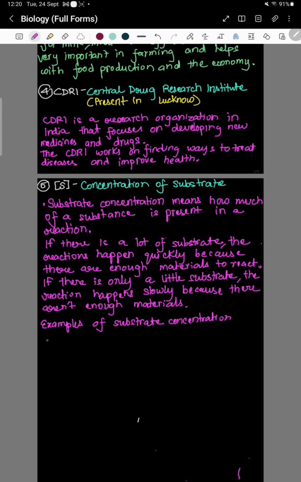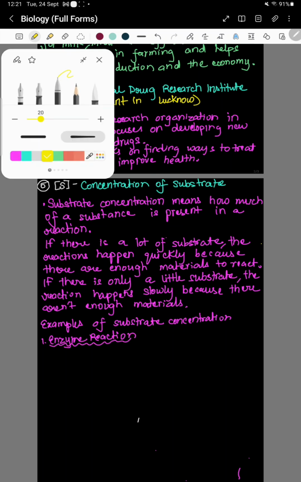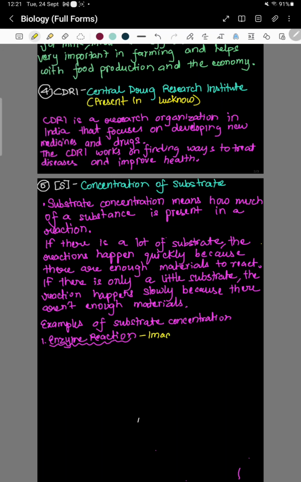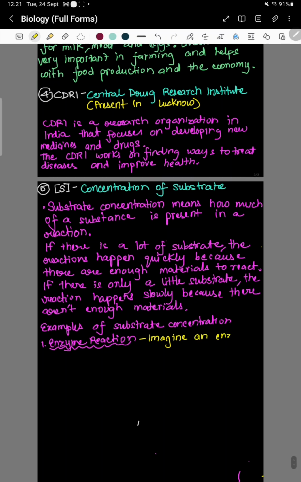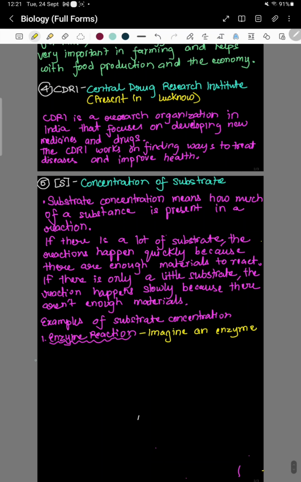Suppose enzyme reaction. Number 1, enzyme reaction. Now imagine, students, imagine that we write with yellow. Imagine an enzyme that converts starch into sugar.